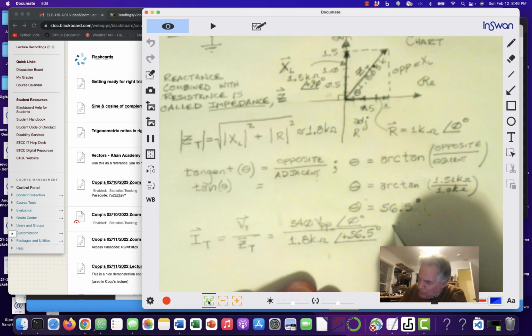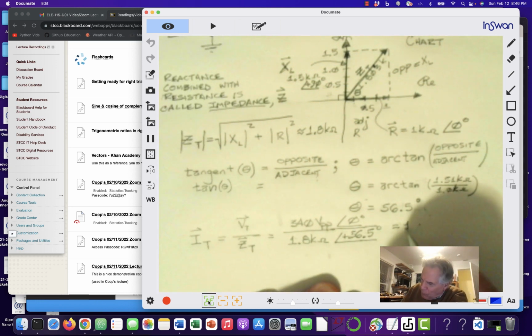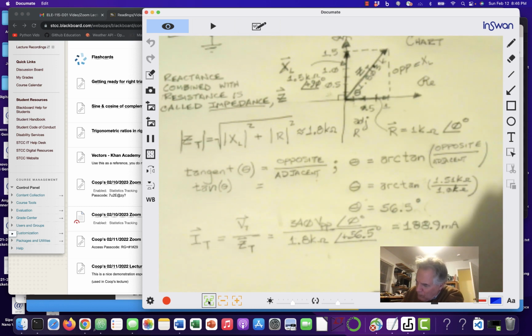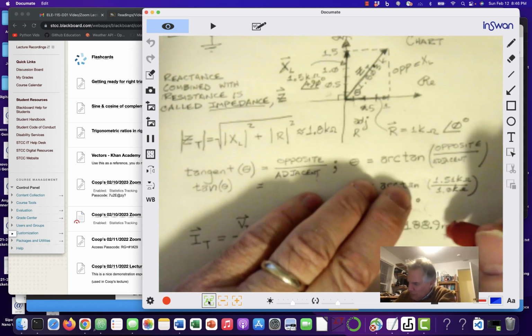So now I compute this. This will come out to be my 188.9 milliamperes, I believe it was. Just 2,000 into here would be 170, but it would be milliamps. So I think I had this wrong.